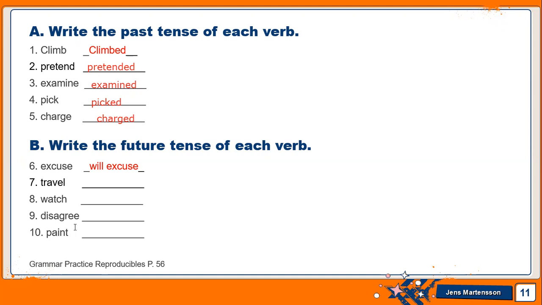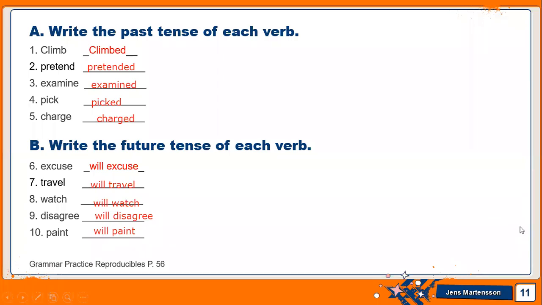So remember we said I just add will. Excuse, will excuse. Travel, will travel. Watch, will watch. Disagree, will disagree. And paint, will paint. All right. So I hope by now you can differentiate between the action when it's taking place, present, past, or future.